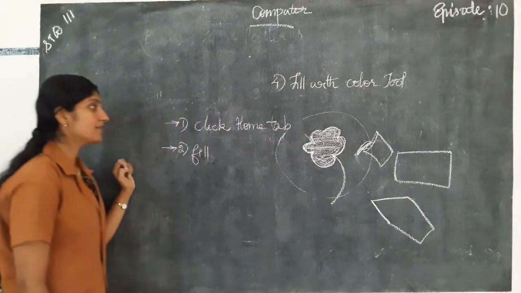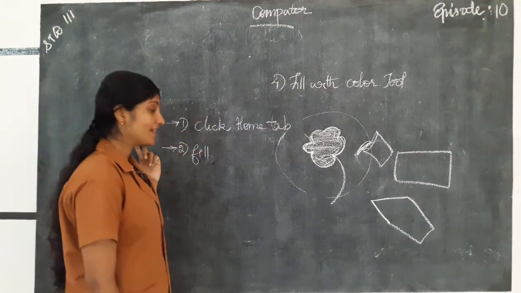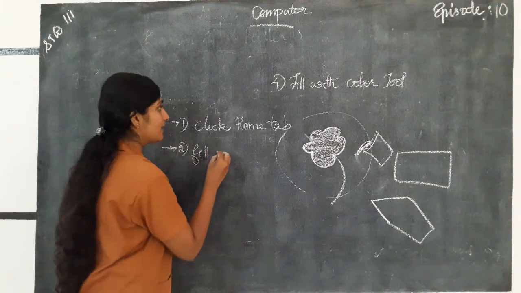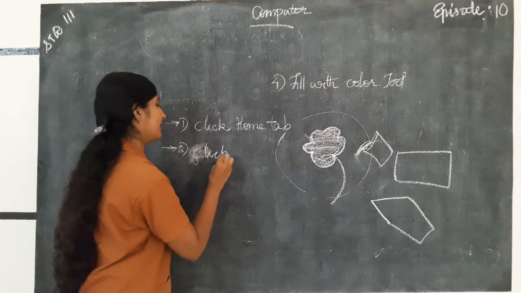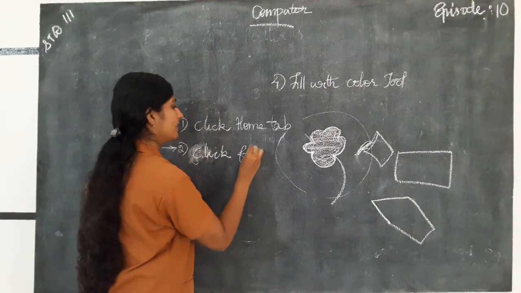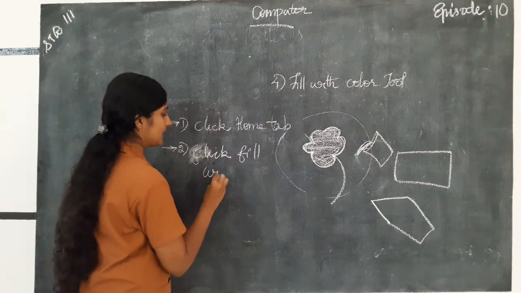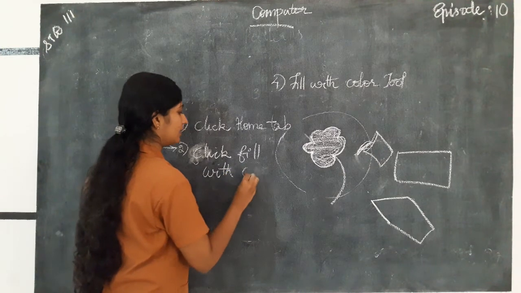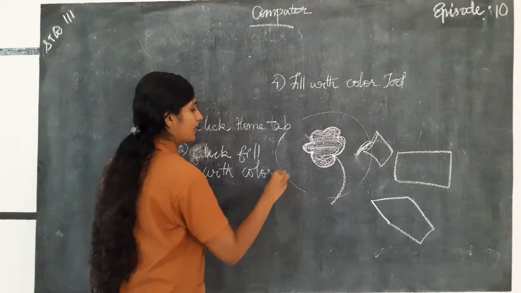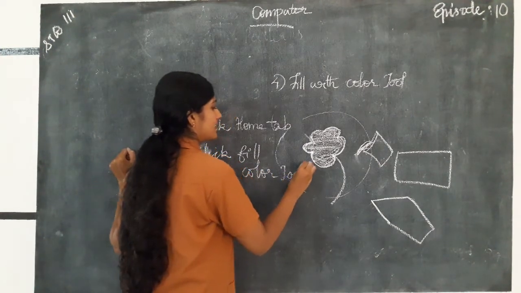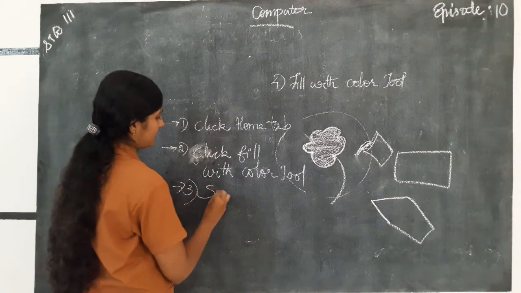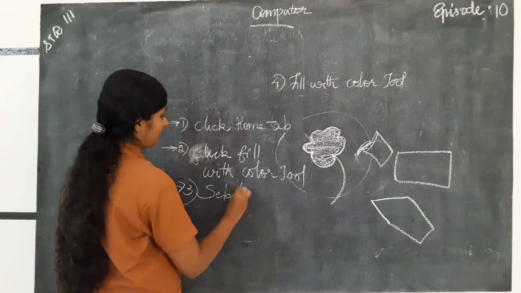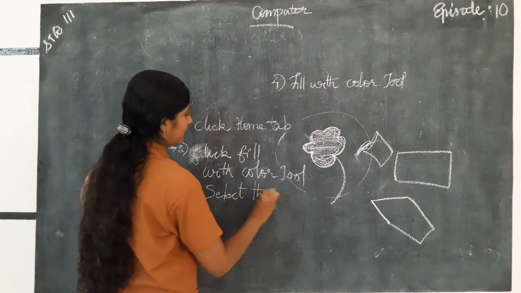So what are the steps? First, click Home tab. Then second step, click Fill with the color tool. Then third step, select the color.